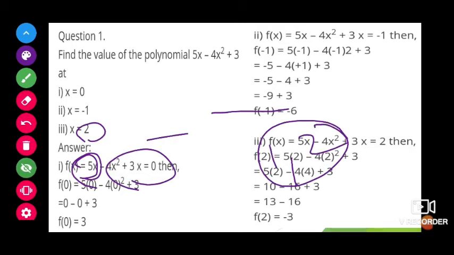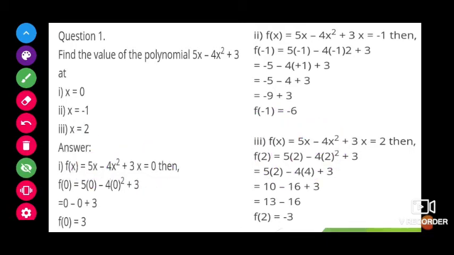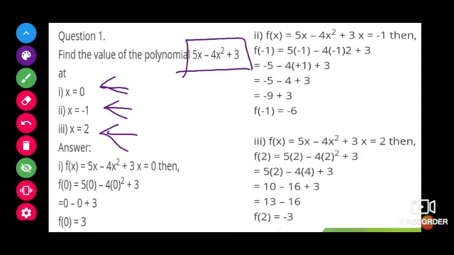Okay, the first question. Find the value of your polynomial 5x minus 4x square plus 3 at x equal to 0, x equal to minus 1, x is equal to 2. So, here they gave the polynomial. For this polynomial, if we'll place x as 0, then what will be the answer? If we'll place x as minus 1, what will be the answer? That we are going to check.